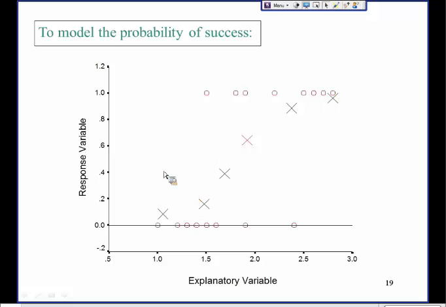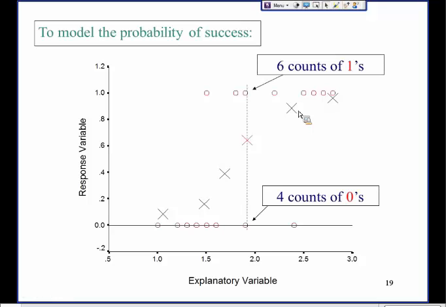Over this region, you have more data points that are low, at 0. And over here, you have more data points that are close to 1. So over here, the probability of getting a 1 is smaller. And as you go further towards the right, the probability of success gets higher and higher, and eventually it approaches 1. Right? So an S-shaped curve is a better curve for predicting probability.